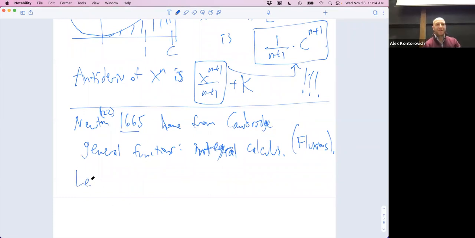Meanwhile, a guy named Gottfried Wilhelm Leibniz, is it TZ or Z? I think it's TZ. Leibniz, in the 1670s, I'm going to make up a number, 1674, something like this, starts thinking about similar things. Now he is corresponding with Newton, and he's also been shown some of Newton's documents that were not prepared for publication.